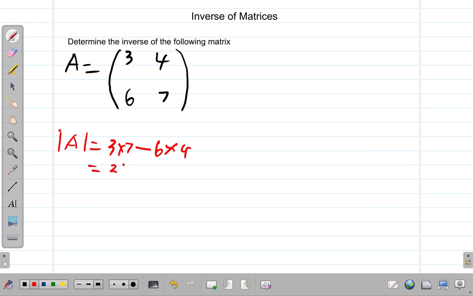So it's 3 7s are 21 minus 6 4s are 24. So the determinant is -3. Okay, good.